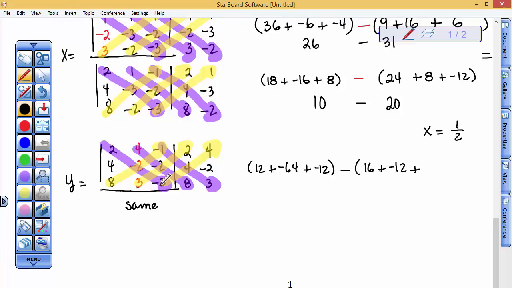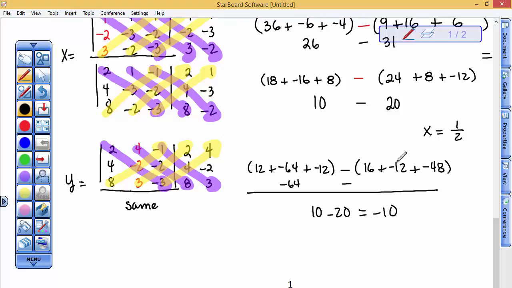This is just, again, one negative sign. 16 times 3 is 48. And don't forget, the denominator for this problem is still going to be the 10 minus the 20 up above, which is a negative 10. Let's do this up here. So this turns out to be a negative 64, and this would be 4, and that would be a negative 44.